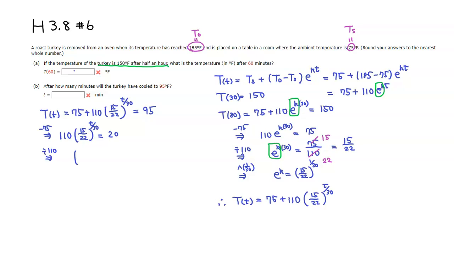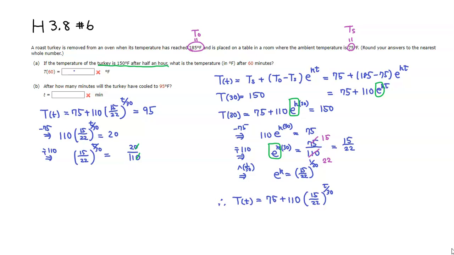We get 15 over 22 raised to the t over 30 is equal to 20 over 110. You can just knock off the zeros, so you have 2 over 11.